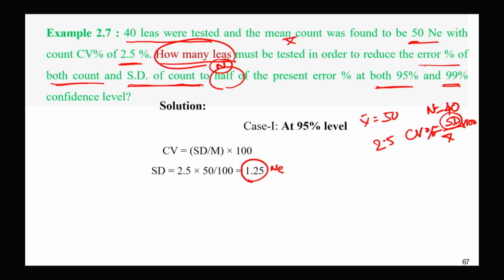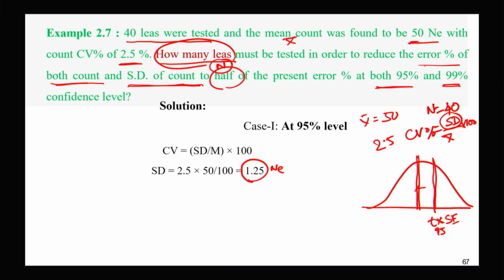And what is the error percent? That we have already discussed earlier. In a sampling distribution curve, this is the sampling distribution curve, and here this point, say 1 sigma, 2 sigma limit, here T for 95%, say 95, into standard error, that we have discussed.